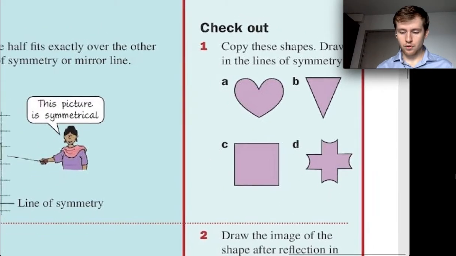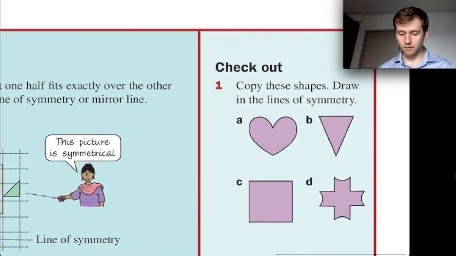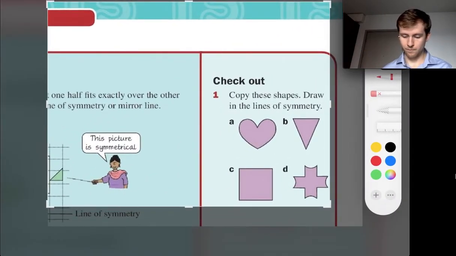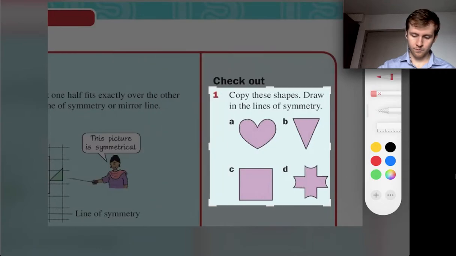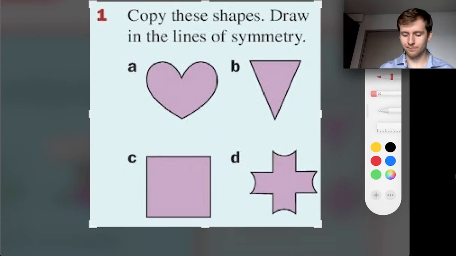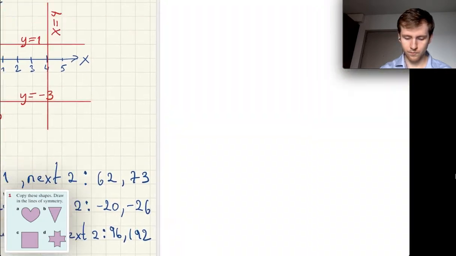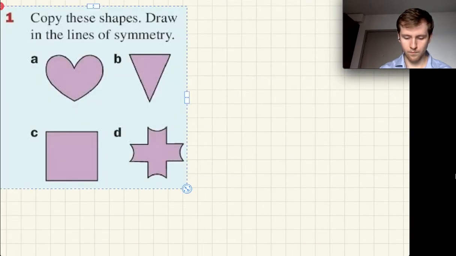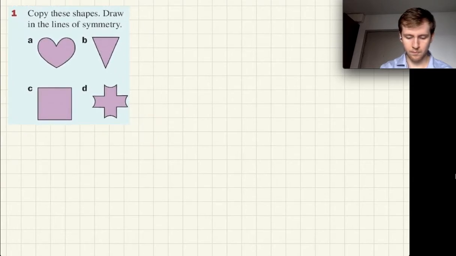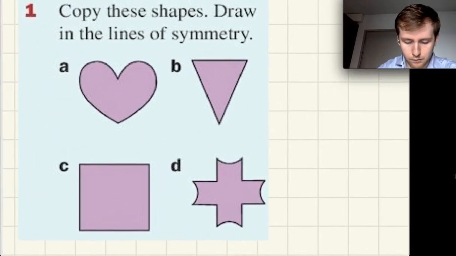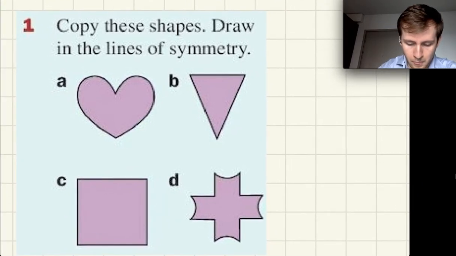Okay, so what we have to do is copy these shapes and draw in lines of symmetry for them. Let's do it. First one we have, I don't think I will copy them, we're just going to draw here.